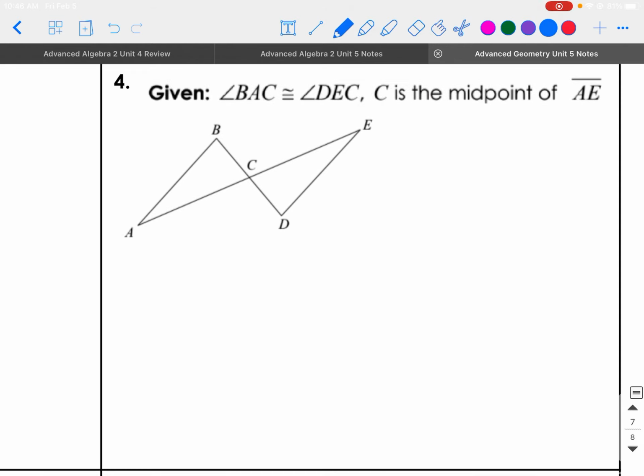All right, number 4. One thing I noticed right off the bat is that we have vertical angles. I didn't even read any of my information first. Then it tells us that angle BAC is congruent to angle DEC. And it tells us that C is the midpoint of AE. So this one and this one are congruent.